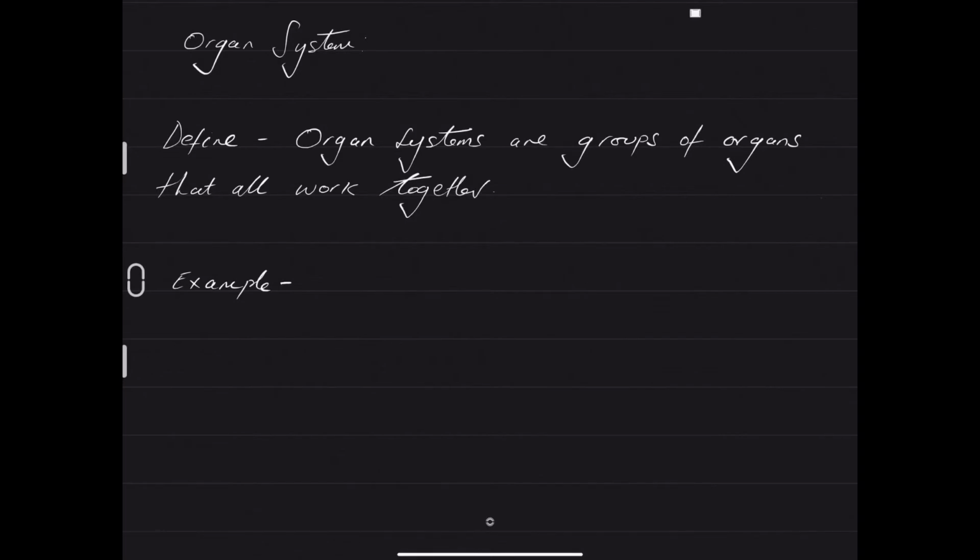Okay, so now we are grouping a number of organs together and we get a system or an organ system. Now, a simple example based on what we've looked at so far is the digestive system.